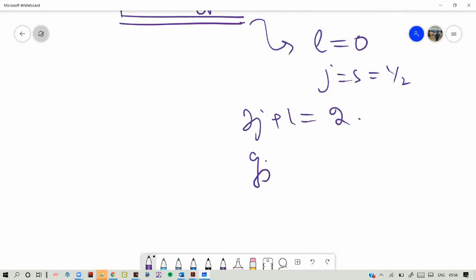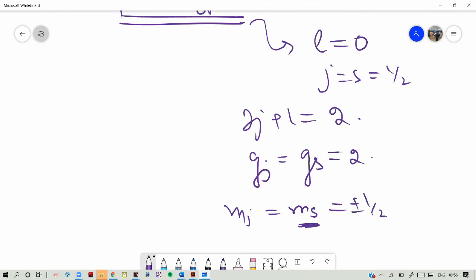And also the G factor for J and for spin is equal. This is 2. So Mj is Ms because Ml is 0. Remember that. We have Ml 0.